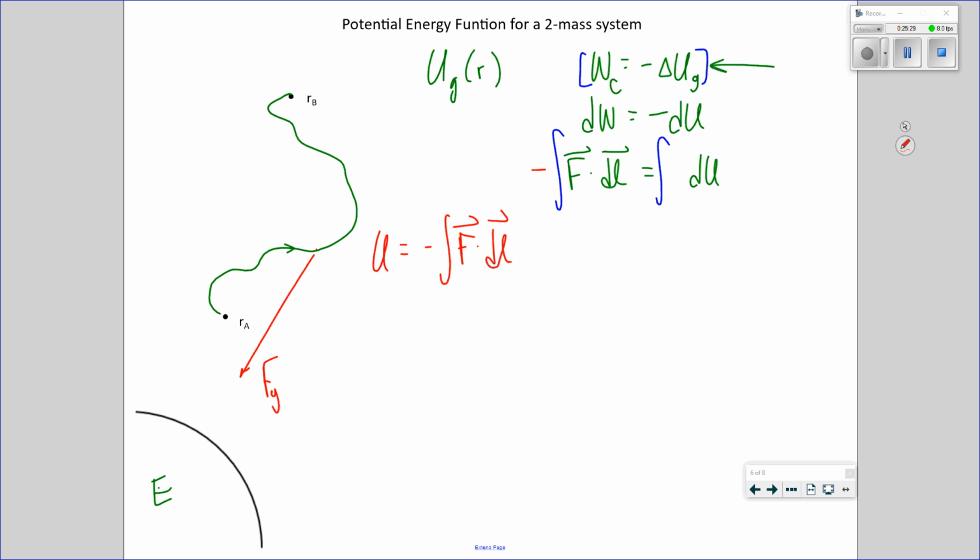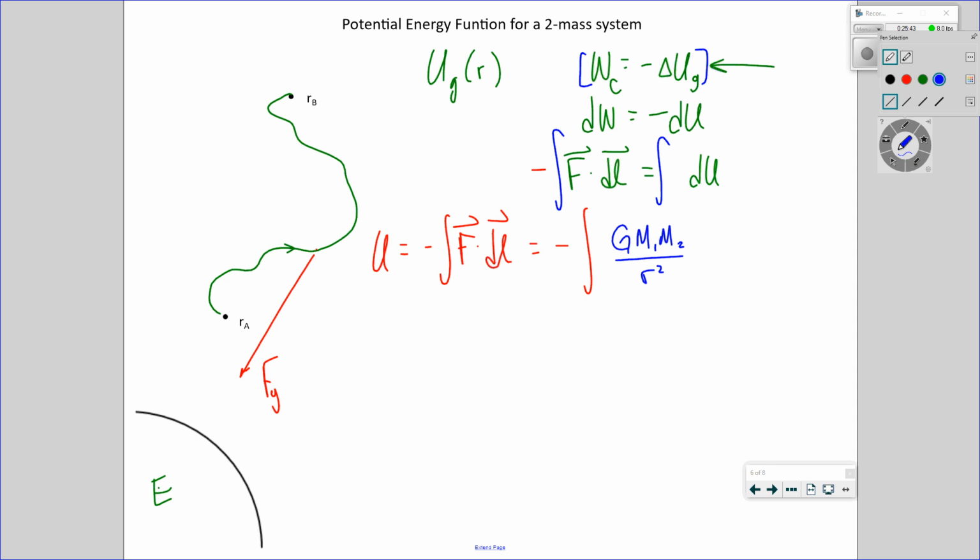Well, what is that force? That force is of magnitude G m1 m2 over r squared. This way is the positive radial r hat direction, so gravitational force points in the negative r hat direction. Dot dl vector.